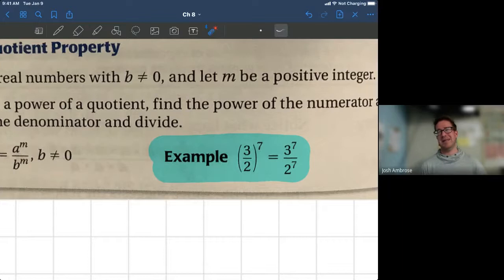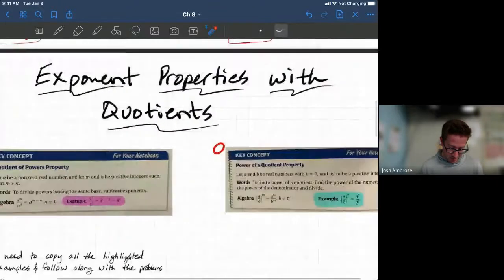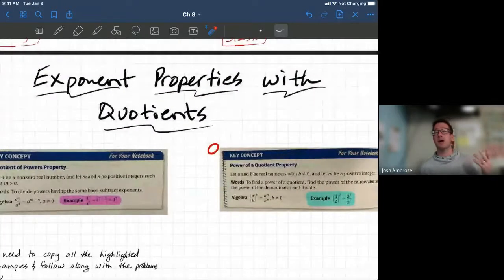It doesn't help me in this problem, but you will notice during the homework it may help you to have one single fraction that could be reduced. So for this section, those are the 2 main notes that you need to copy down, what's been highlighted.